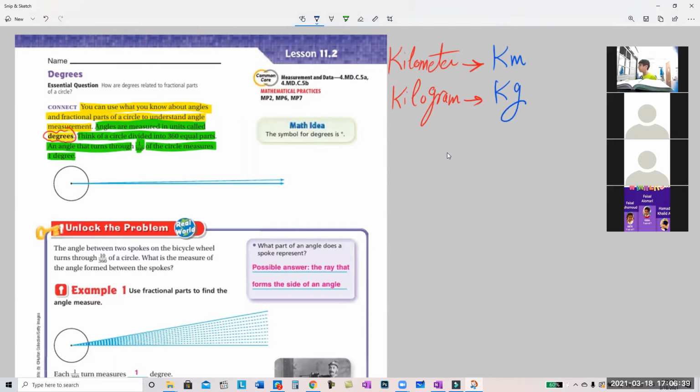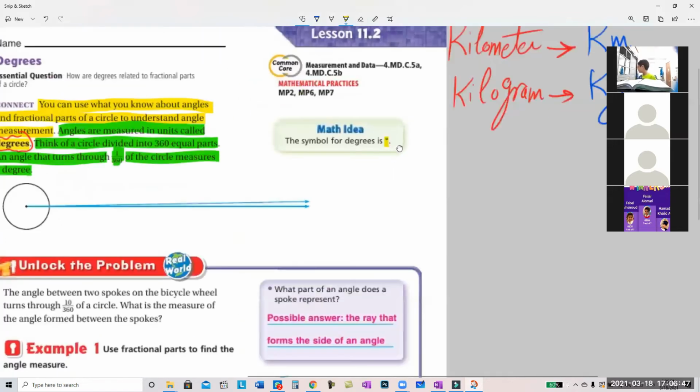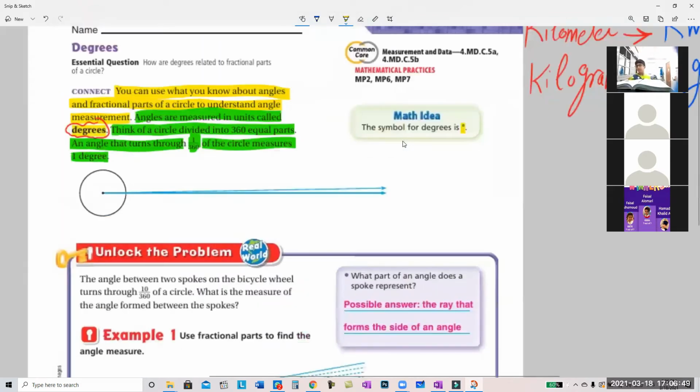So as we see here, the symbol of degrees is a small circle in the upper right corner of our number.